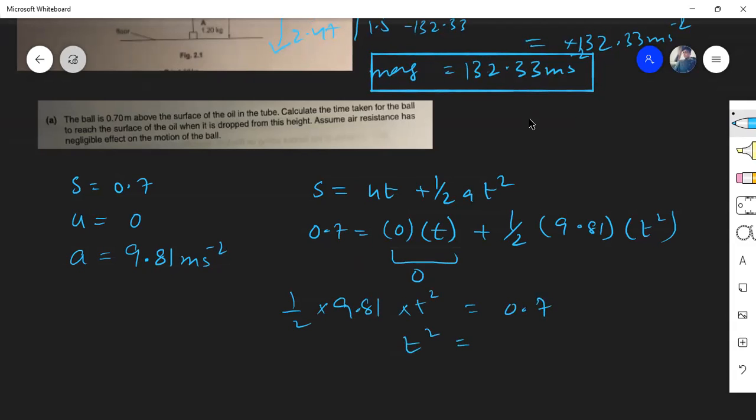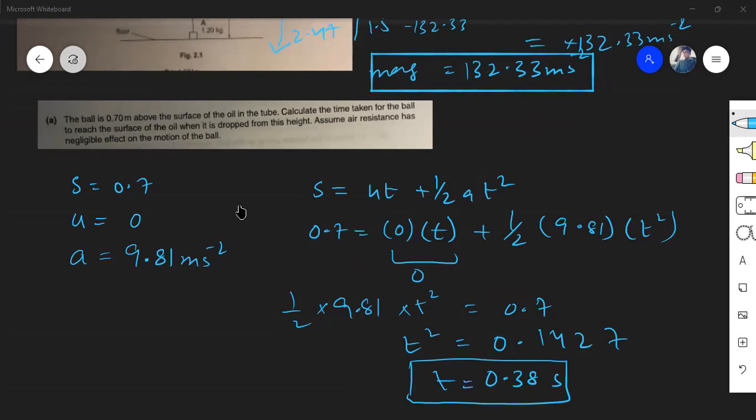So t squared is 0.1427 and t is 0.38. Do you get this question? It's simple, you will just use this one formula.